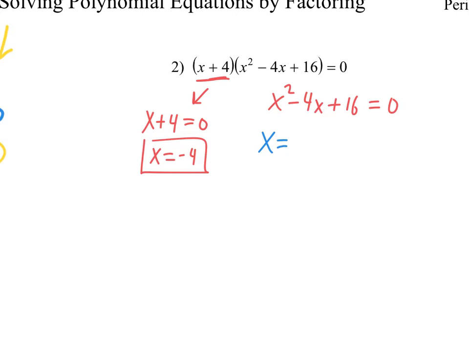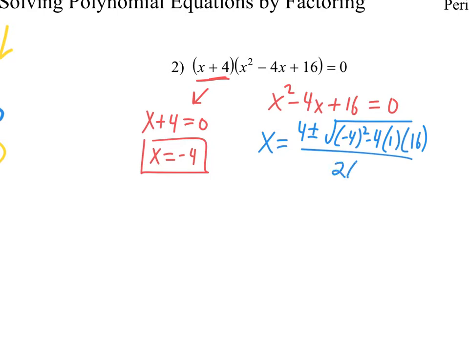So opposite of b, so positive 4, plus and minus the square root of b squared minus 4 times our a value, which is 1, times our c value, which is 16. And that entire expression is all over 2 times the a value, so 2 times 1. And let's see if we can simplify this down some.